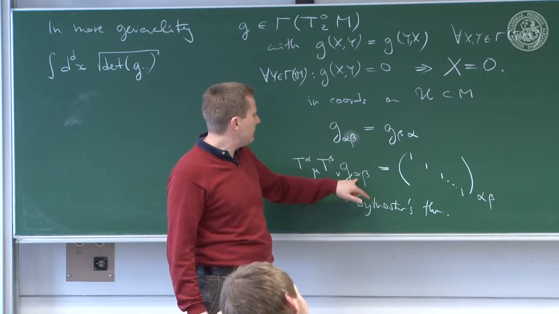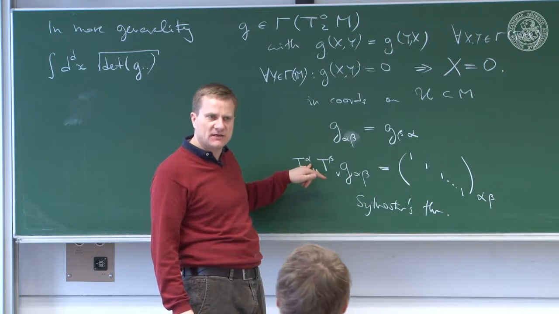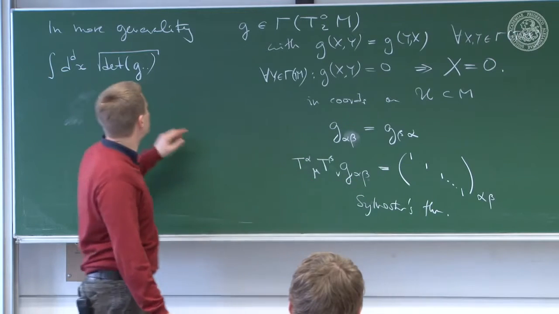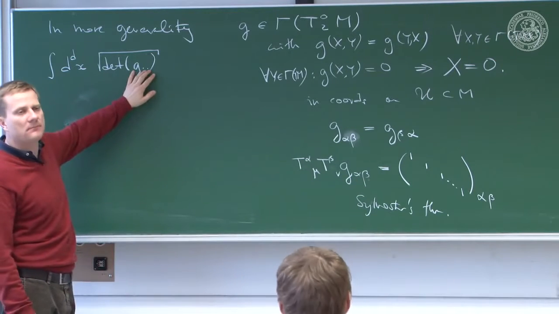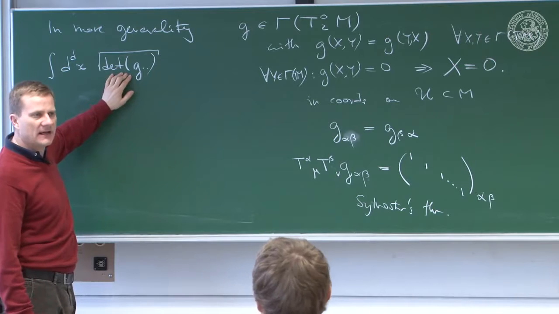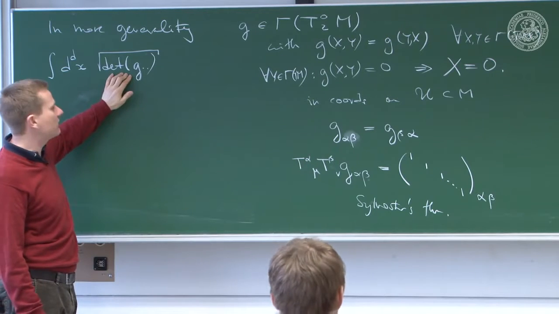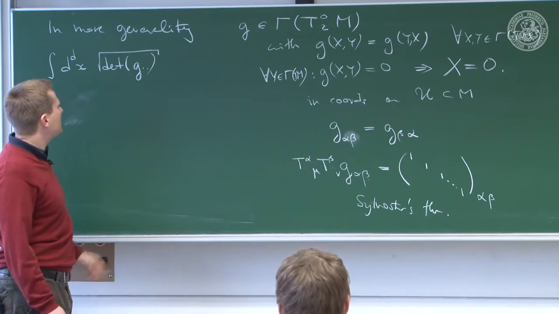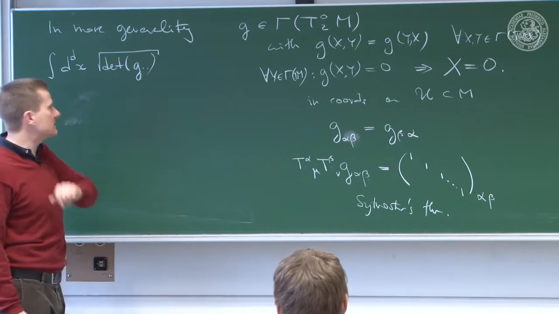The point is, if we change the frame, if we change coordinates, this will not behave as a scalar. So the determinant of a bilinear form does not behave like a scalar under coordinate transformations. It picks up extra terms.